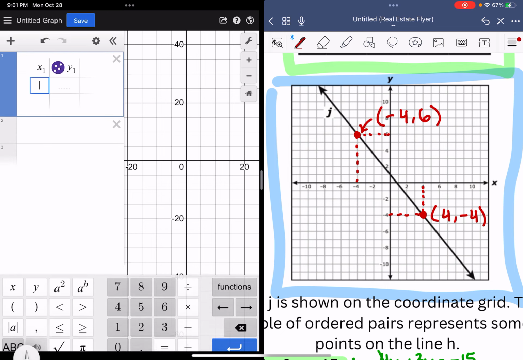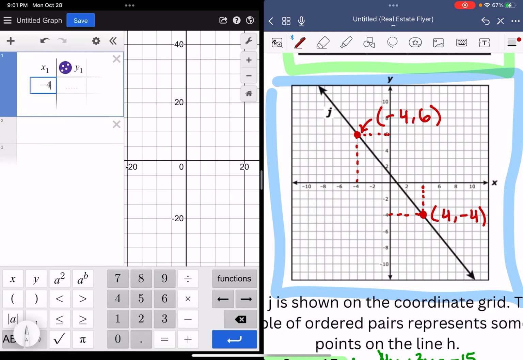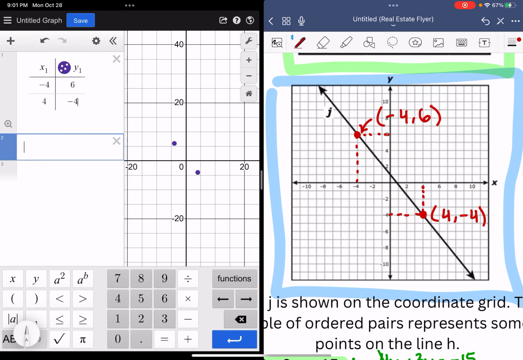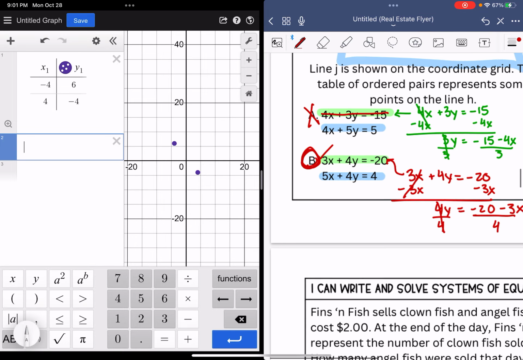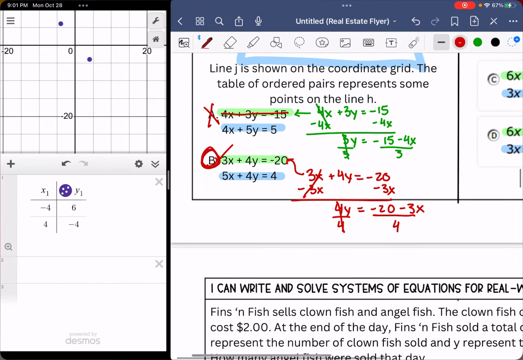I can add a table into Desmos with those 2 points. And I can go ahead and check my equations. Now, we already know what the answer is, so I'm just going to go ahead and convert this equation on B really quickly. That would give me y equals 4 minus 5x over 4.